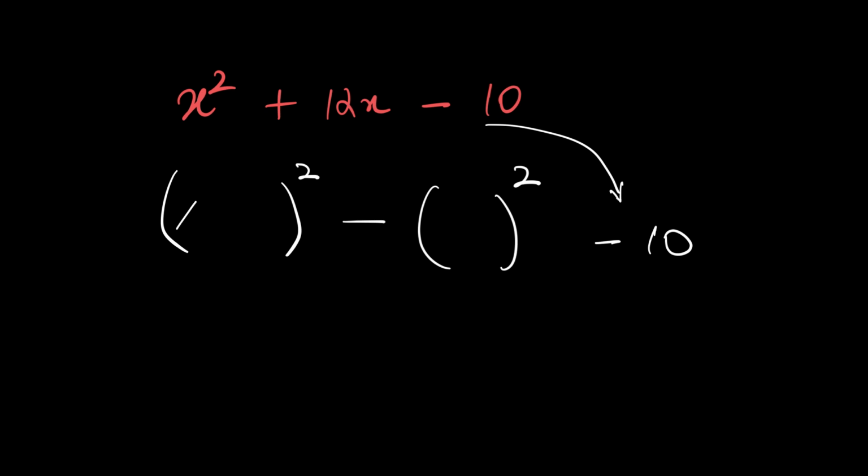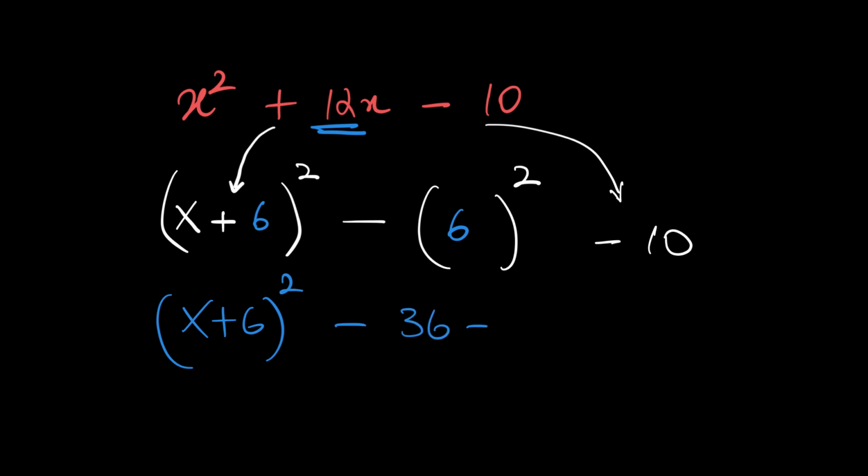The first thing is always x, the second thing is always this sign, and then half of this number. So 6 here and 6 here. Write 6 in both brackets, and then you just simplify. So x plus 6 whole squared minus 36 minus 10. That leaves you with x plus 6 whole squared minus 46. That's the final answer.